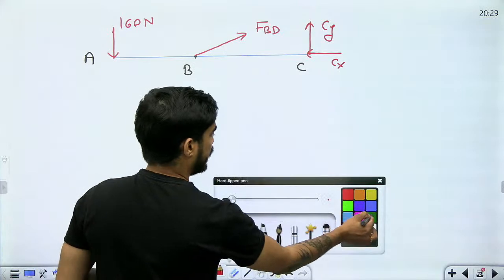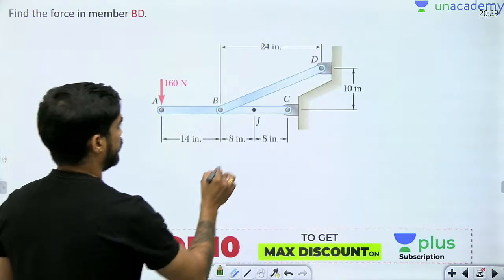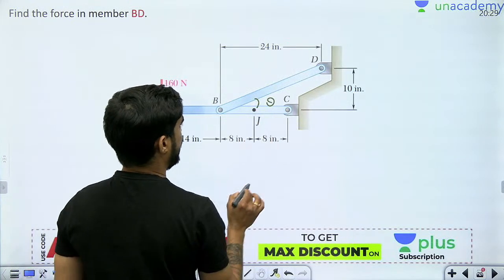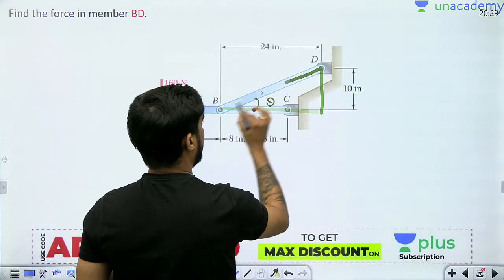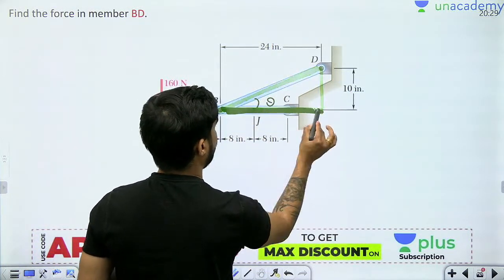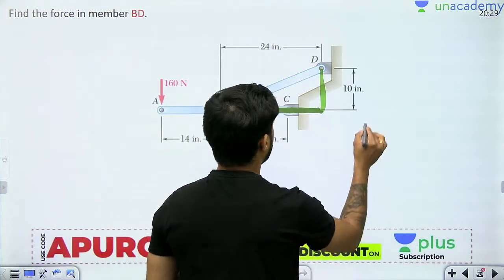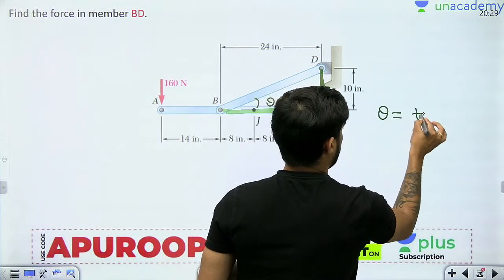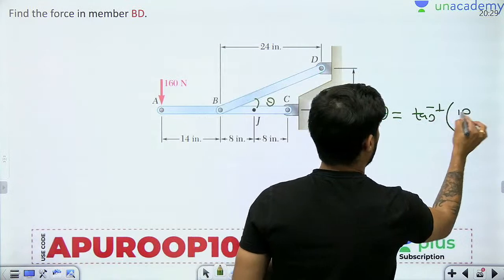Now can anyone tell me this angle? Can anyone quickly calculate this angle? Look at this triangle. In this triangle, I know this base is 24 and height is 10. So I will get theta equals inverse tan of 10 by 24.